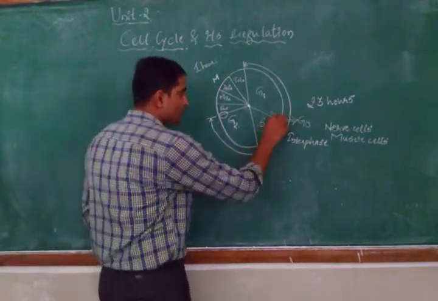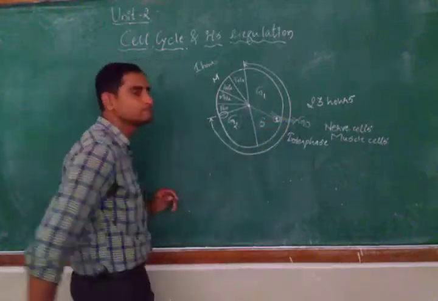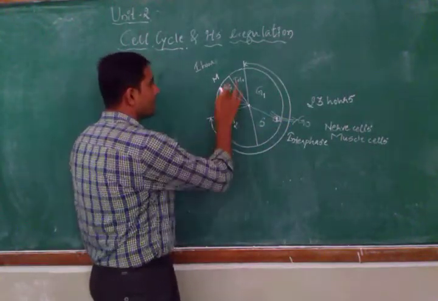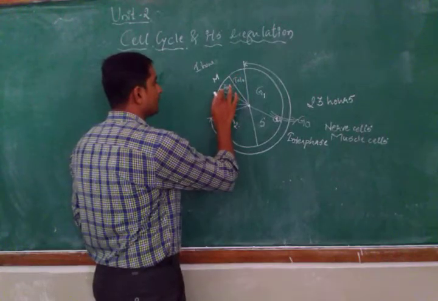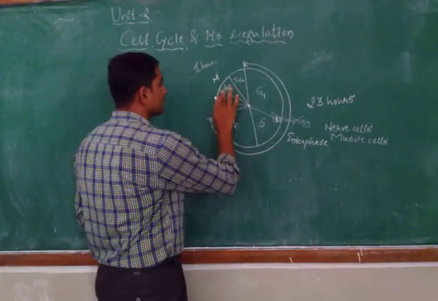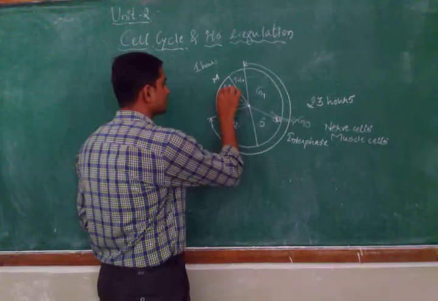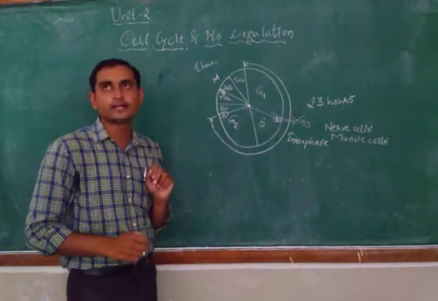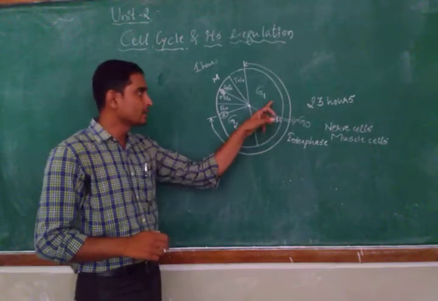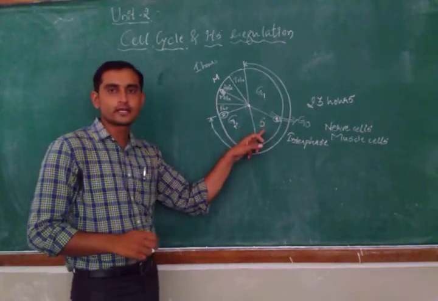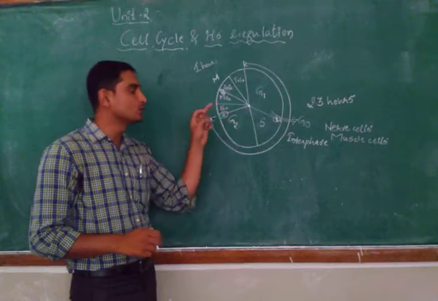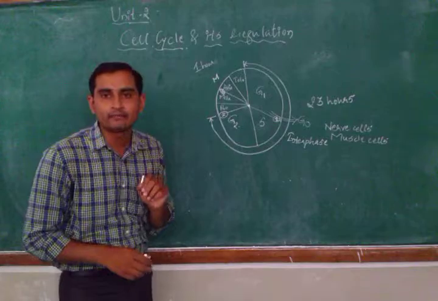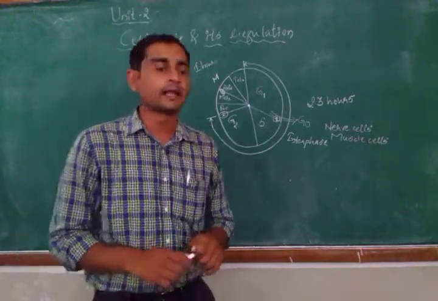So this is the first checkpoint. This is the second checkpoint, and this is the third checkpoint. So there are 3 checkpoints in the cell cycle. One is at G1S phase entry, other is G2M phase entry, and third one is at metaphase to anaphase entry.